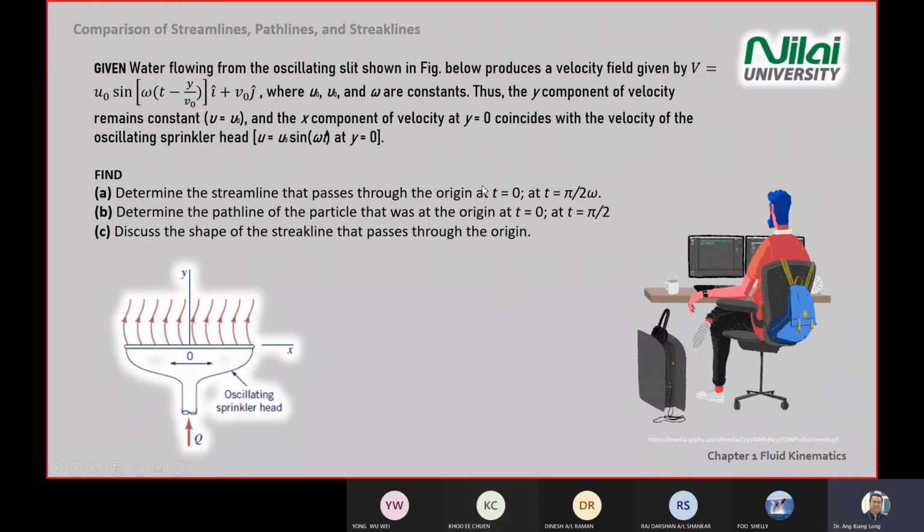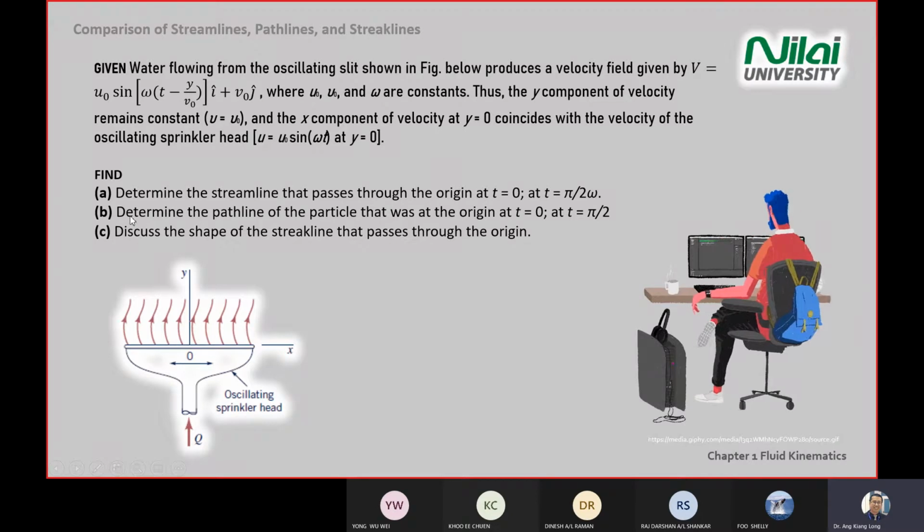You need to find 2 scenarios. One is t equals 0. Another scenario is t equal to pi over 2 omega. Your time unit is not in seconds, but in pi over 2 omega units.